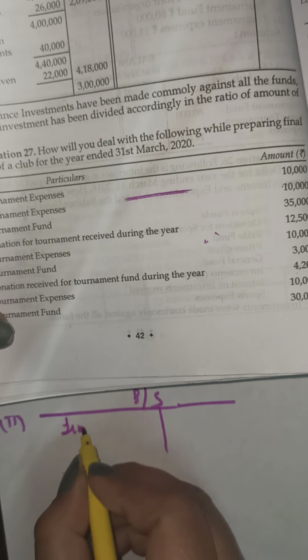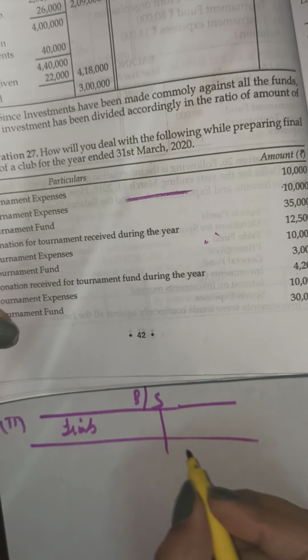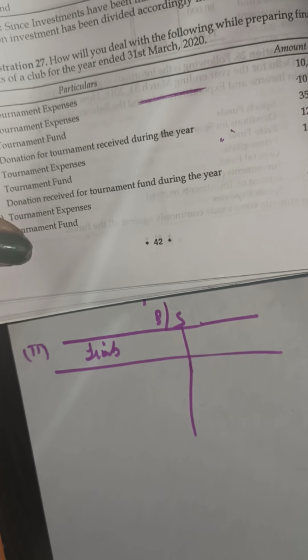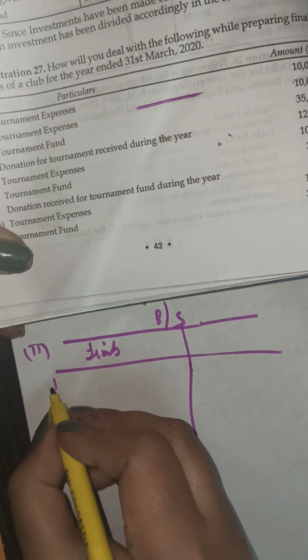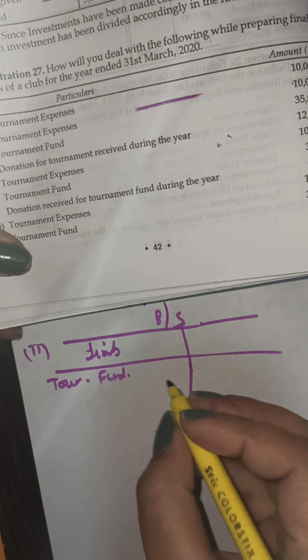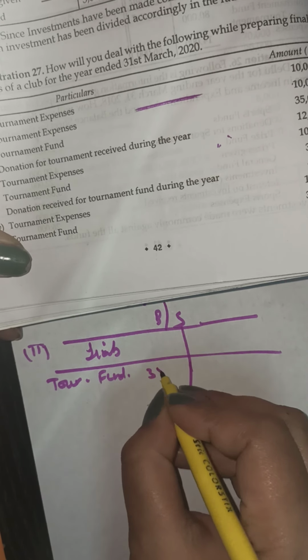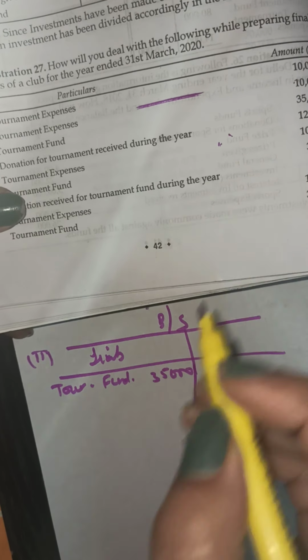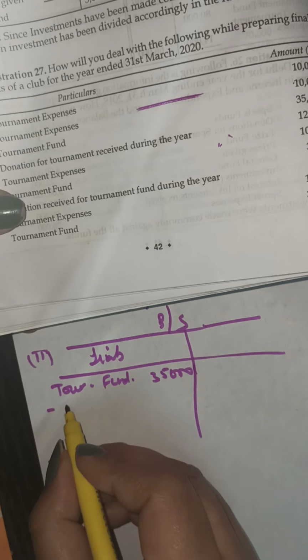On the liability side of the balance sheet, we will show it as a liability. Funds always come on the liability side. We will show here tournament fund, which is for rupees 35,000. Expenses from that fund will be subtracted.